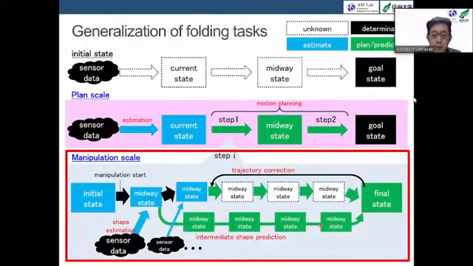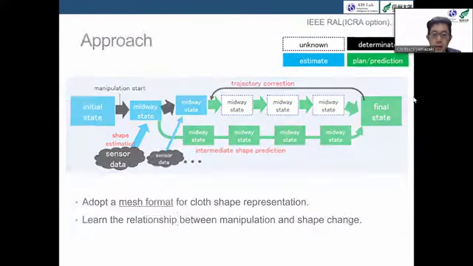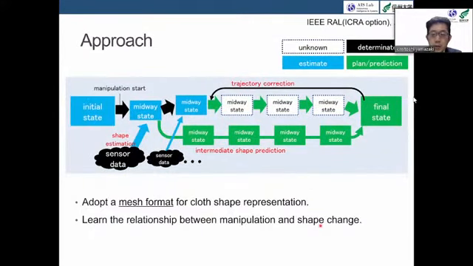Next, I will give a specific explanation of the manipulation scale, shown at the bottom. For the manipulation scale, we assume that the initial state, a final state, and the initial trajectory are provided by the planning scale. And we aim to solve the manipulation scale using 3 core functionalities.